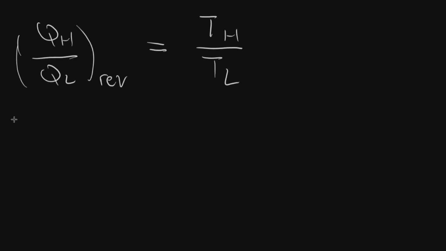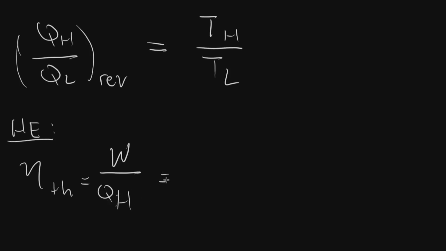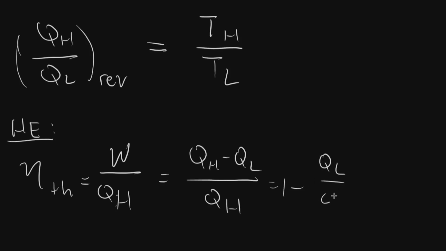So my thermal efficiency for the heat engine, I know, is equal to W out, or I guess W net, we'll just put W over Q in, which has to equal Q high minus Q low, all over Q high, which equals 1 minus QL over QH.